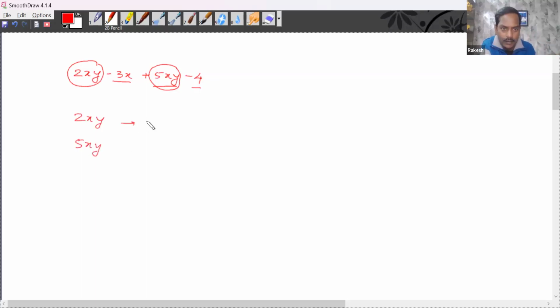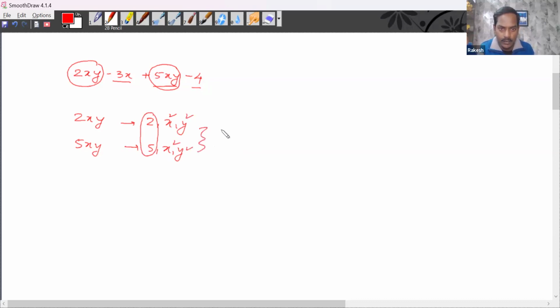In terms of factors, this term has factors 2x and y, and this term has factors 5x and y. Barring the constant terms, if I ignore this, then we can see that the variable factors are same.